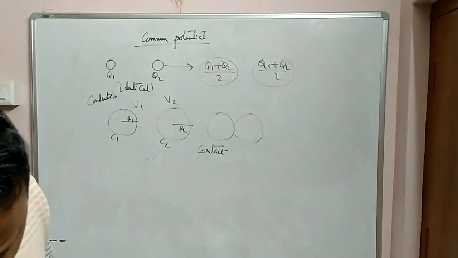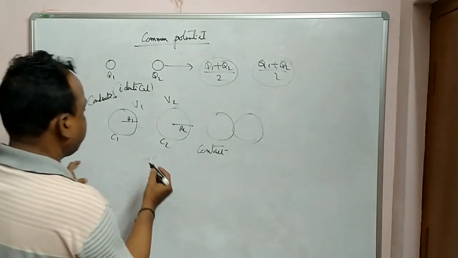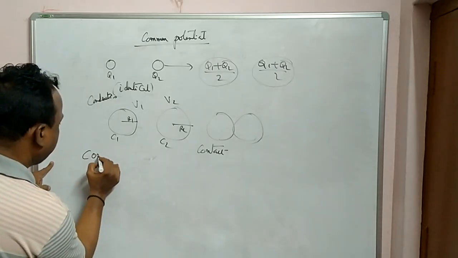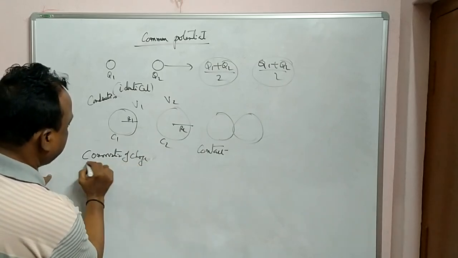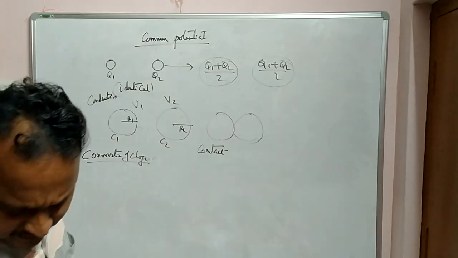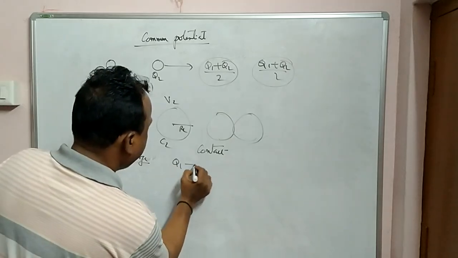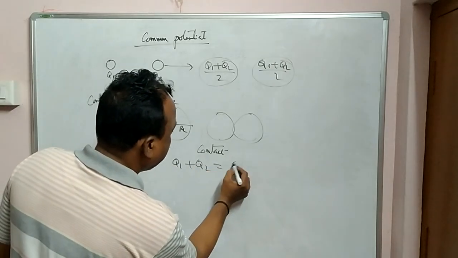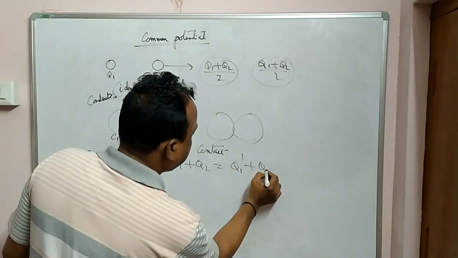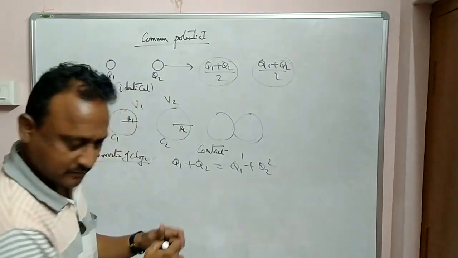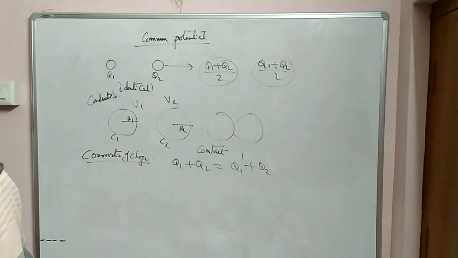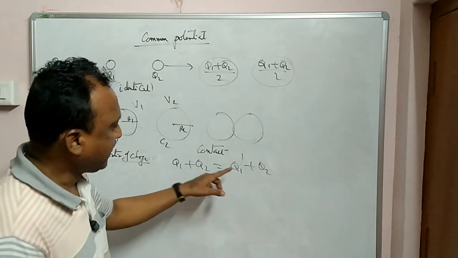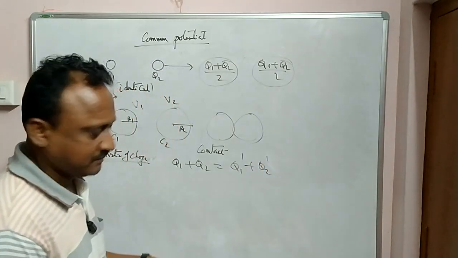Apply conservation of charge. When you apply, what happens? Q1 plus Q2 is equal to Q1 dash plus Q2 dash.